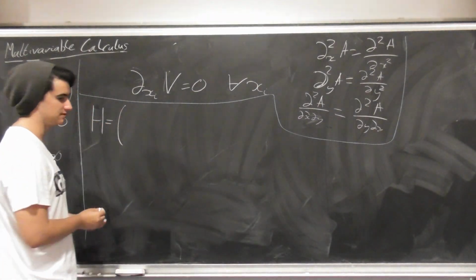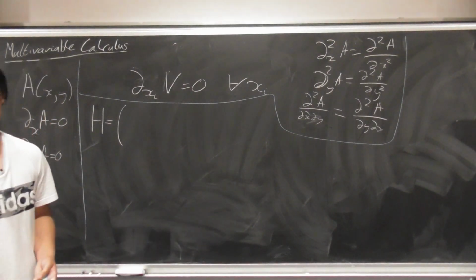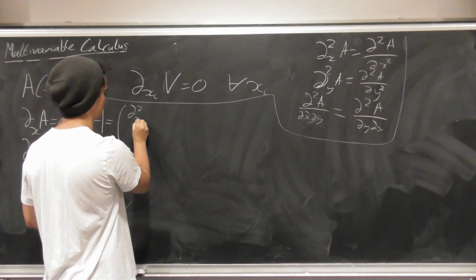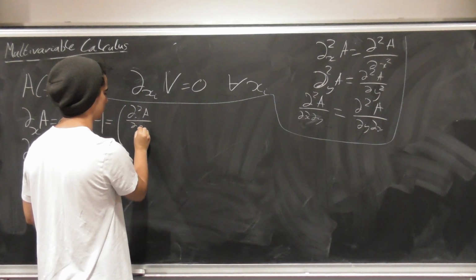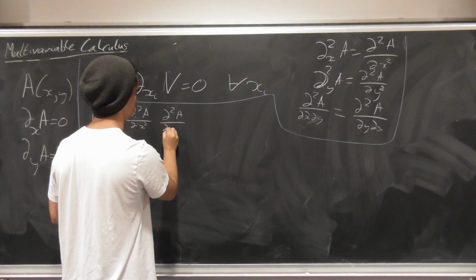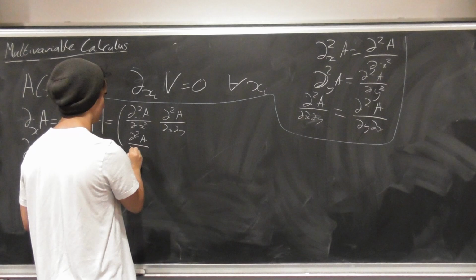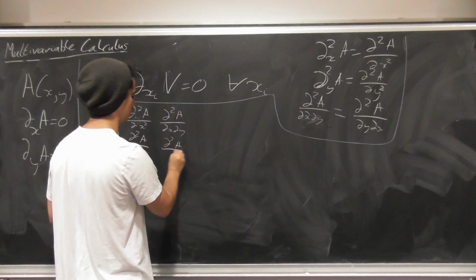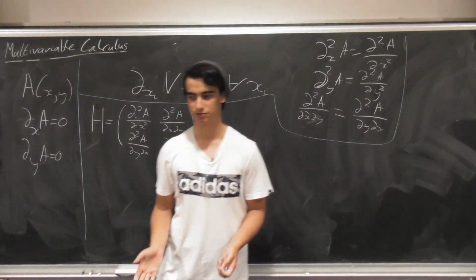We can define this as dealing with other second derivatives. So we can have d squared a, dx squared, d squared a, dx dy, and d squared a, dy dx, d squared a, dy squared. So this is what's called our Hessian matrix.